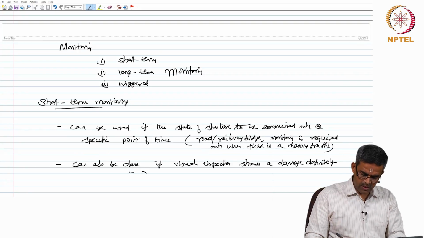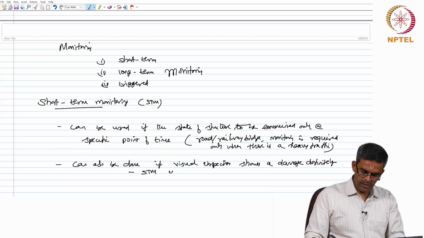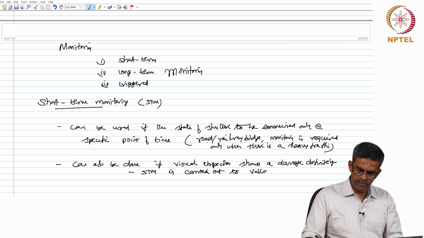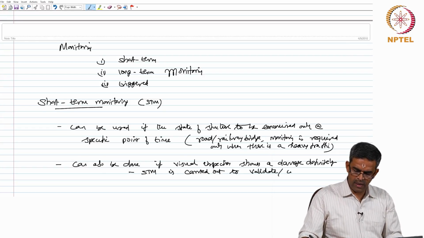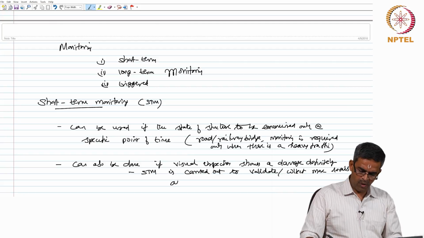So, in such cases short term monitoring is carried out to validate and collect more details about the damage.